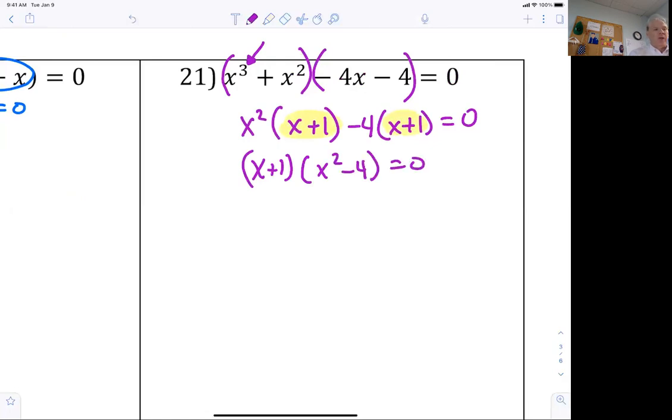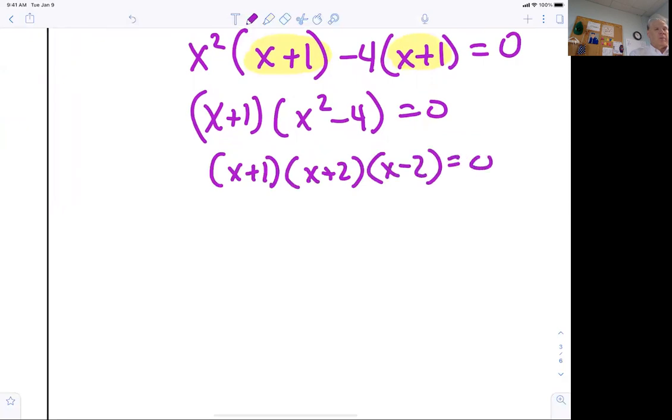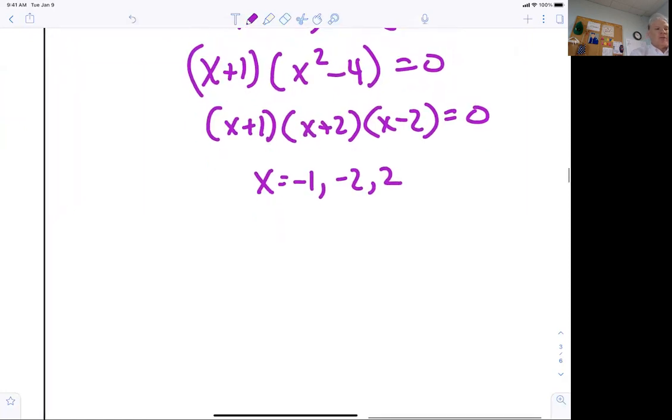And then we're almost done. Is everybody okay with that? Anybody have any questions? So now here's how you write the answer. You could say x equals -1, -2, or 2. But in math, there's a quick way to write -2 and +2.